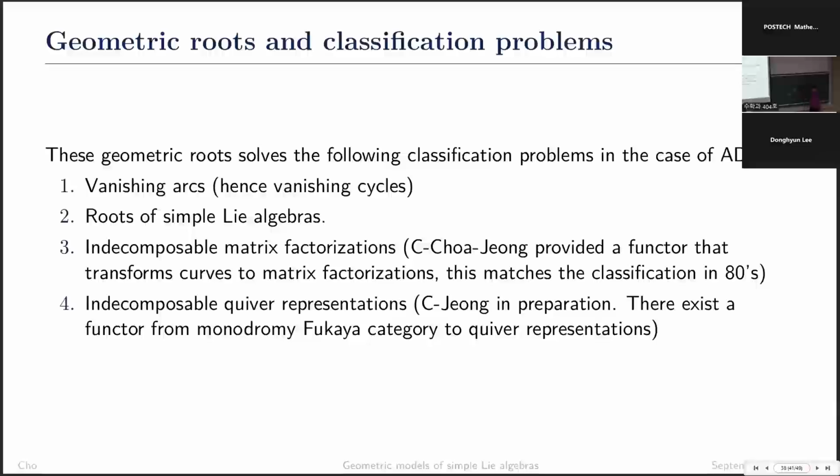And then you look for indecomposable representations. And the claim is that these arcs classify indecomposable quiver representations.